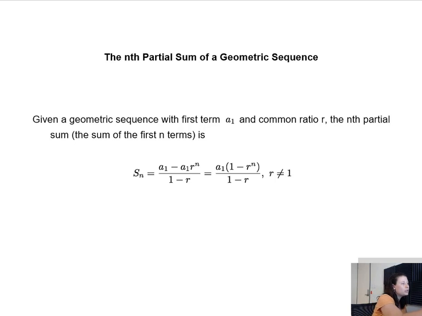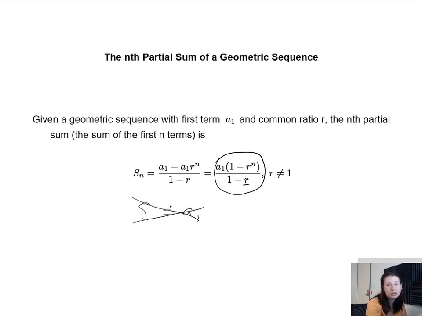Generally we use this second version here just because it's a little bit more concise: A1 times 1 minus R to the n over 1 minus R, where obviously R can't equal 1 because then it would be 0 in the denominator. And S1 is very uninteresting because that's literally A1, so we don't need to do a sum for that. That's just A1. So that's why we don't use S1.